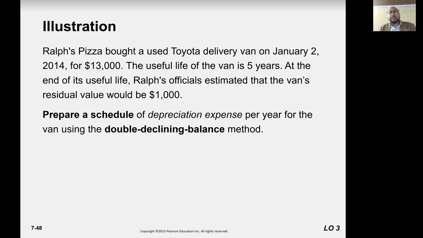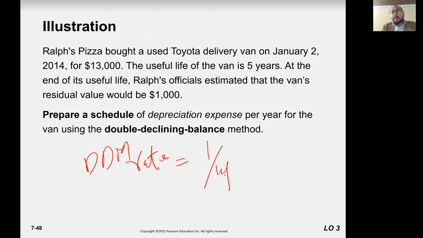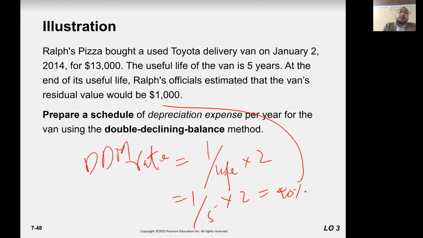If we use the double declining method, the DDM rate is going to be 1 by life multiplied by 2. So 1 by 5 multiplied by 2, the answer is 40%. 40% of the cost, not the depreciable amount.